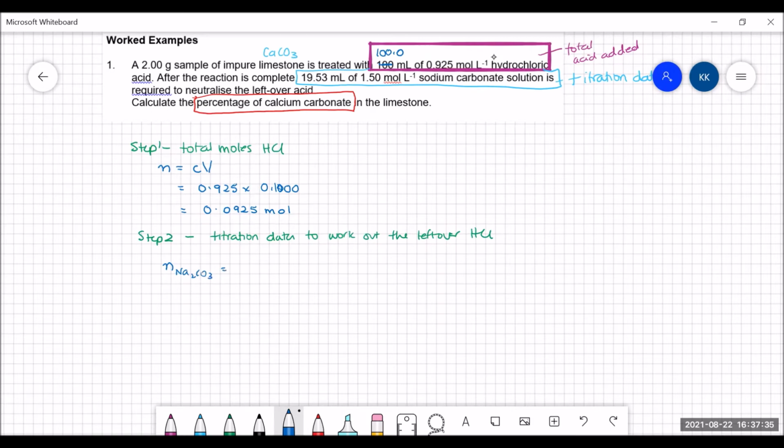That is concentration times volume, which is 1.50 times 0.01953. And if you run that through your calculator, you'll find that that is 0.0293.